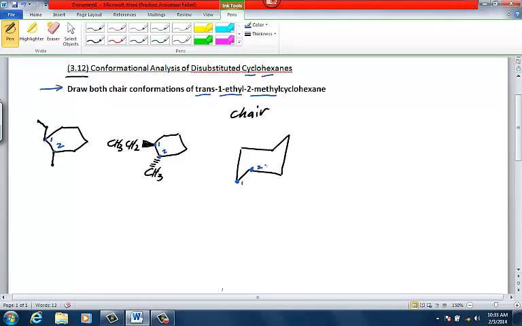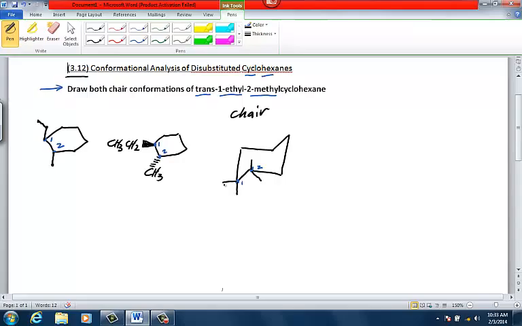So now we're going to show our ethyl and our methyl. At the foot of the chair, the axial position is always going straight down. Then the axial positions alternate up, down, so if number 1 is down, number 2 should be up. The equatorial positions would be going out away from the ring. As long as they're not up, down, vertical, you're okay.